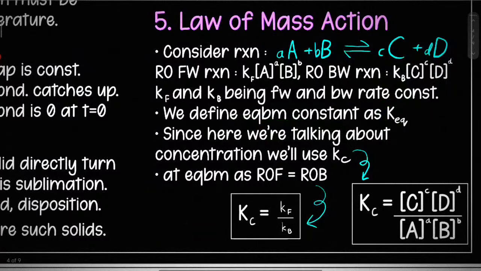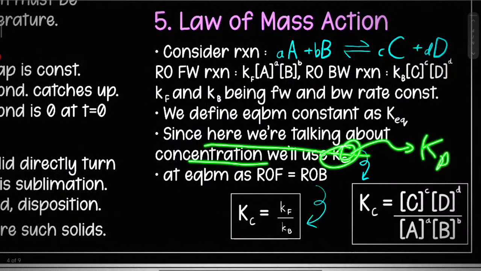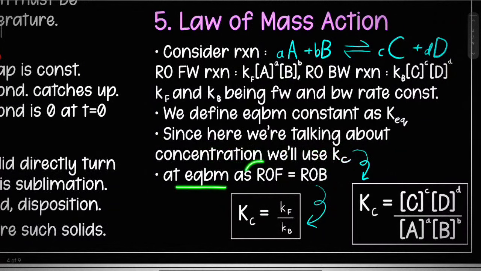equilibrium constant. Now, what is the equilibrium constant basically? Since here we are talking about concentration, we'll use Kc. You will get to know that this has a twin called Kp soon. At equilibrium, the rate of the forward reaction is equal to the rate of the backward reaction.